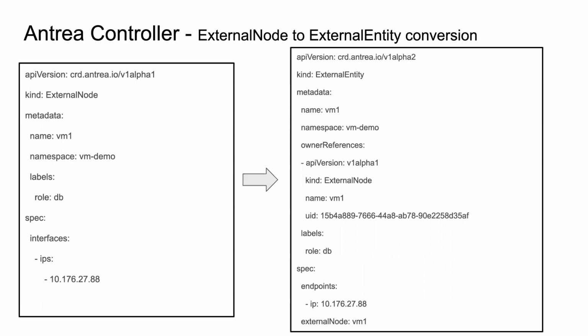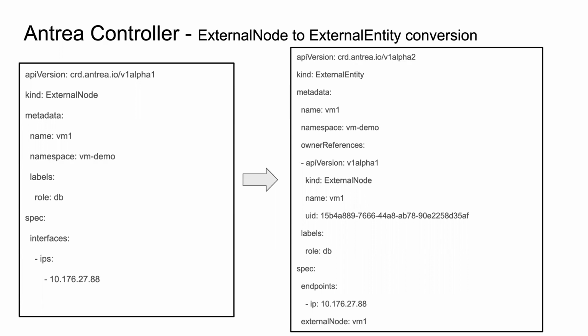But since we started to add the agent model for VMs, we decided we need a new CRD to express the VM with agent, and we call it external node. But for most of our code to handle policy and other data path logic, we still want to use external entity. I'm not sure my explanation is clear to you.